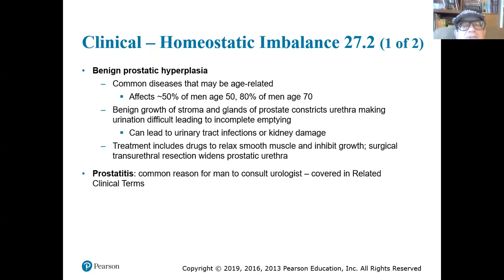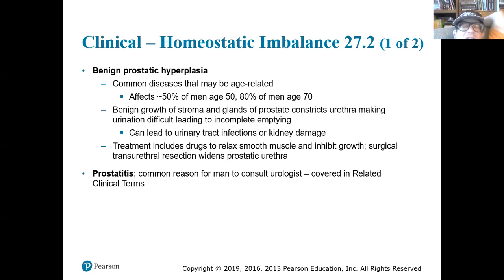All right, homeostatic imbalance. So talking about benign prostate hyperplasia. Benign means it's not cancer. This will affect 50% of men who are age 50, 80% of men who are age 70. Benign growth of the stroma and the glands of the prostate will squeeze the urethra, making it hard to urinate, leading to incomplete emptying.